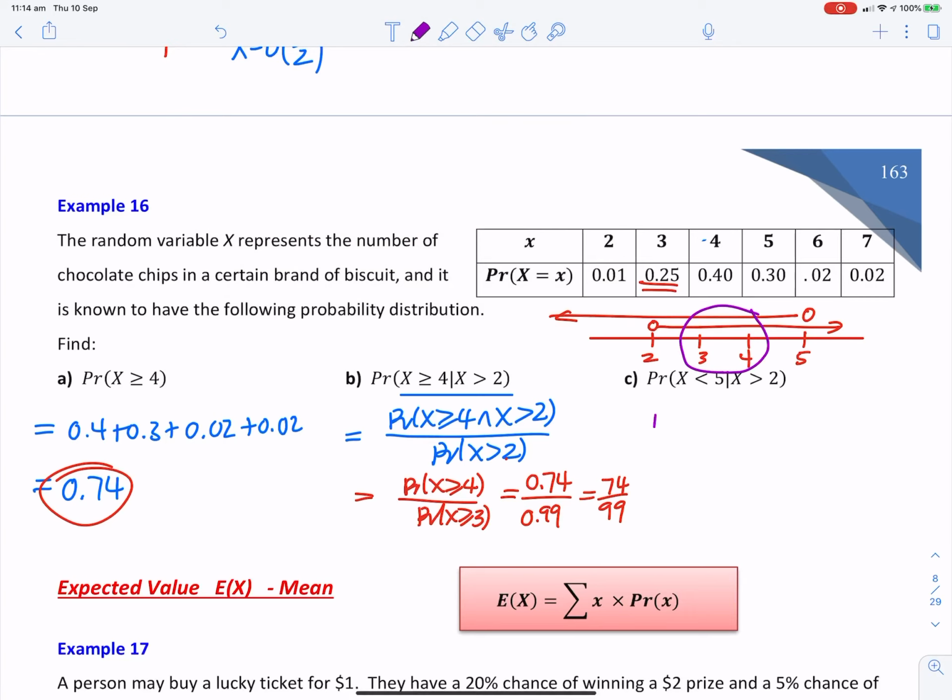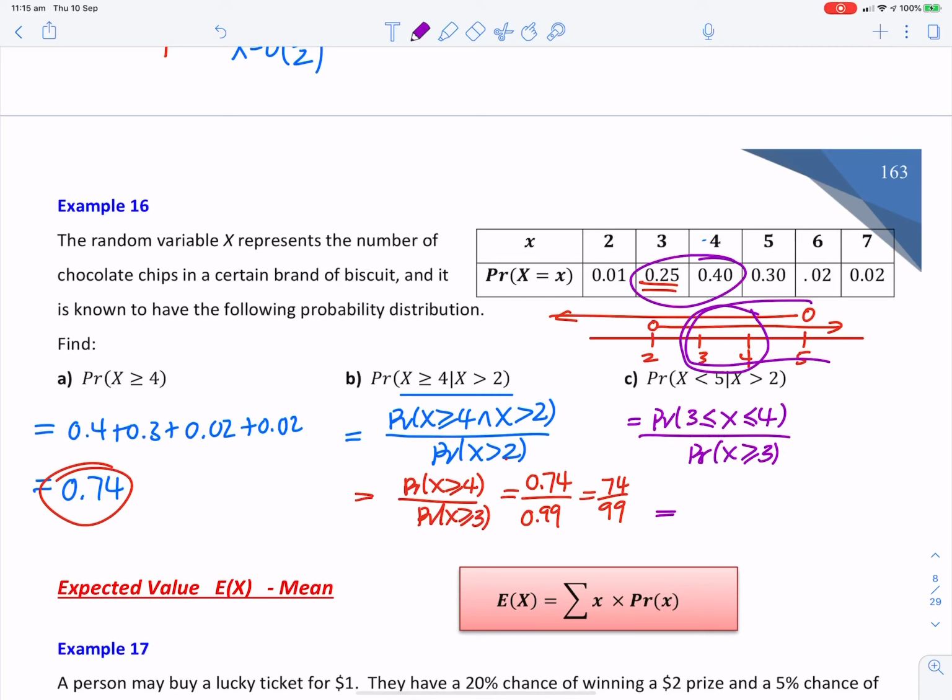Between 3 and 4. So we can say the probability that 3 is less than or equal to x, which is less than or equal to 4, over x is greater than 2, we know x is greater than or equal to 3.